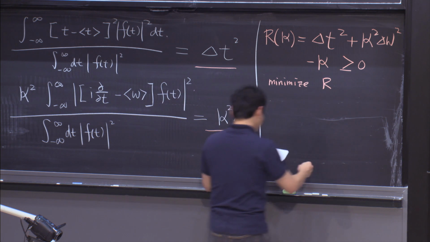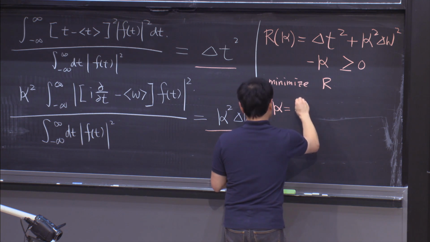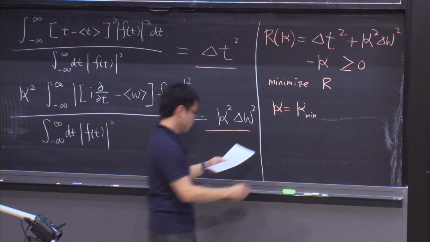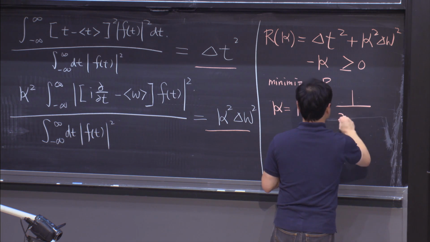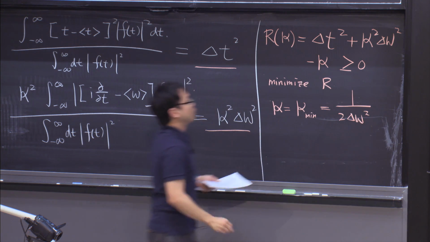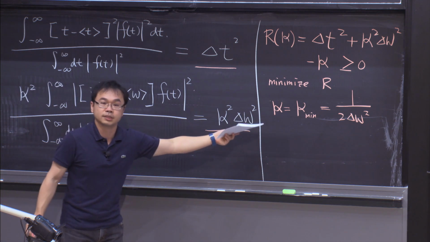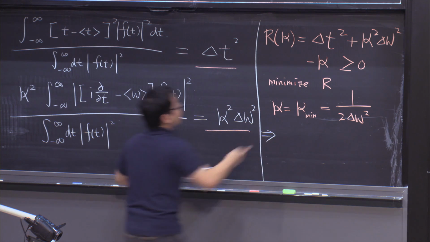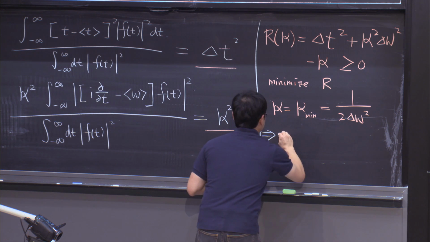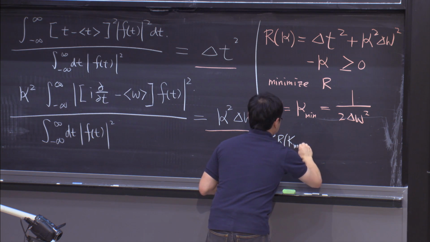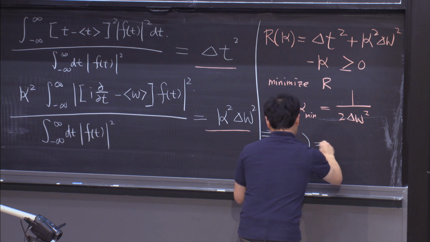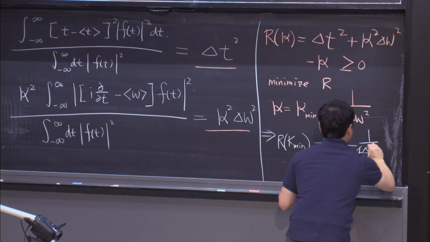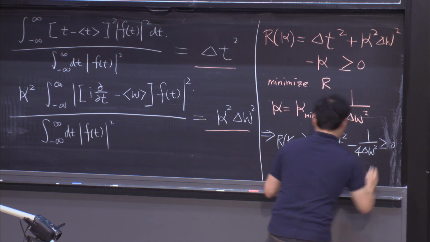So the kappa minimum value, which minimizes the R function, is equal to 1 over 2 delta omega squared, and I will not go over this calculation because it is just a minimization problem. If I plug that in, what I'm getting is that R of kappa min will be equal to delta t squared minus 1 over 4 delta omega squared. That is greater or equal to 0.